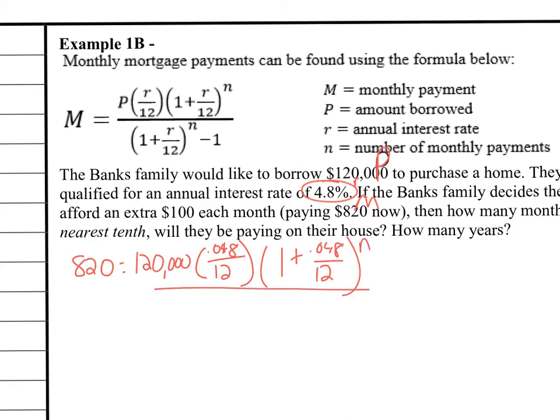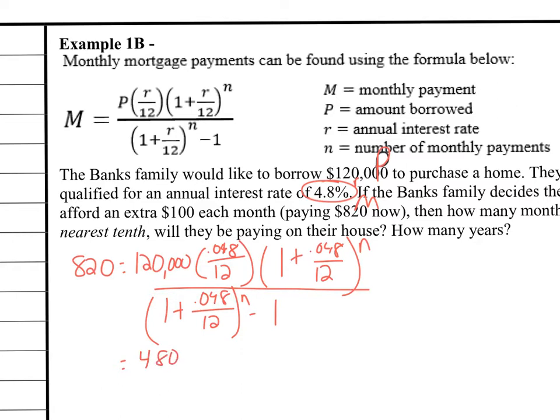And all of that is going to be over 1 again plus the 0.048, the rate divided by 100, to the n minus 1. So using your calculator real quick, it's not rocket science, you type those in, come up with an answer. First you're going to do the 120 times all that, and you get 480 when you do that.